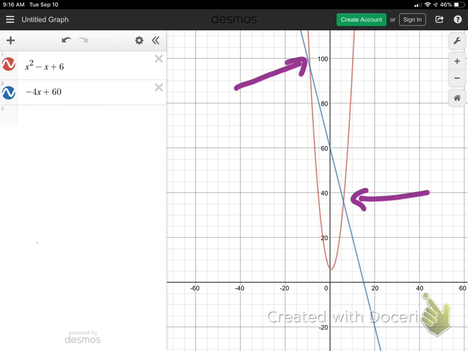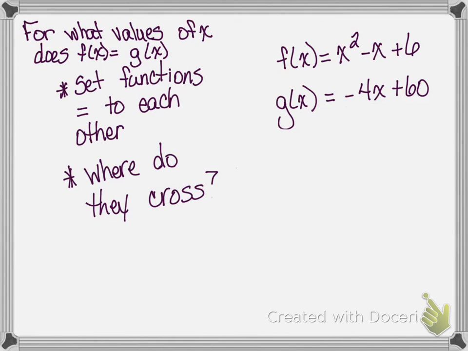Now, the way to do that is you say f of x is x squared minus x plus 6 is equal to negative 4x plus 60. So you set them equal to each other and solve.